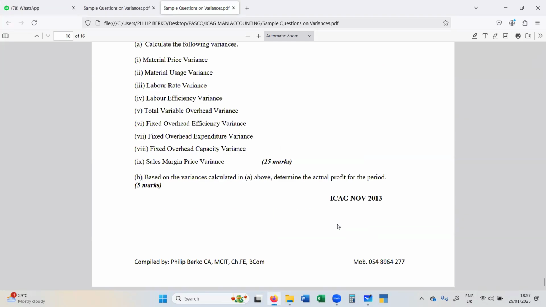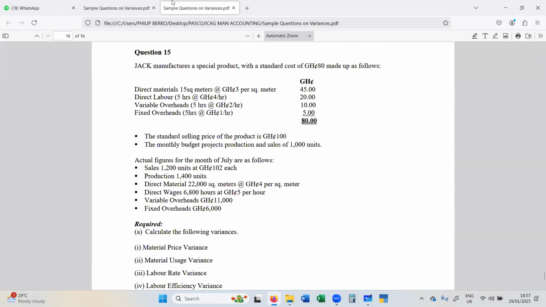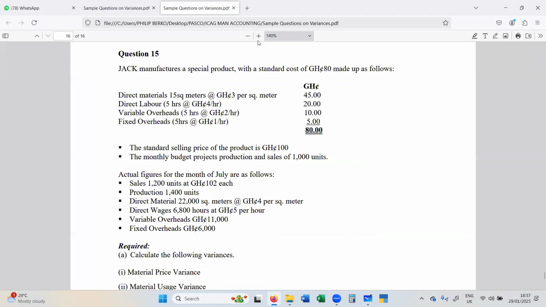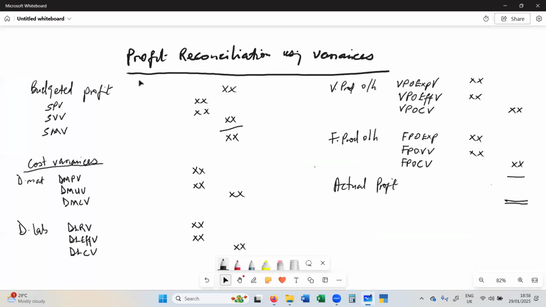So that was the last question, Jack manufacturing. For Jack manufacturing, I want you to assist with the variances we calculated so that it will help us to do the profit reconciliation. So what was our budgeted profit from that question?